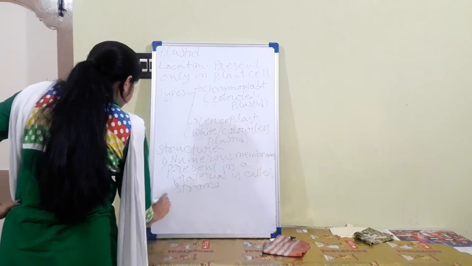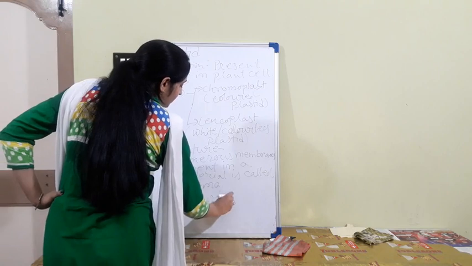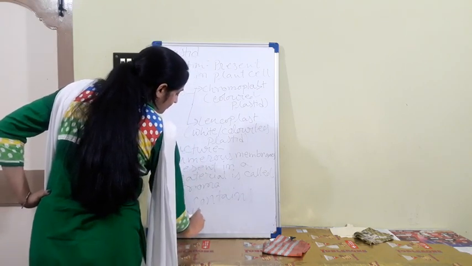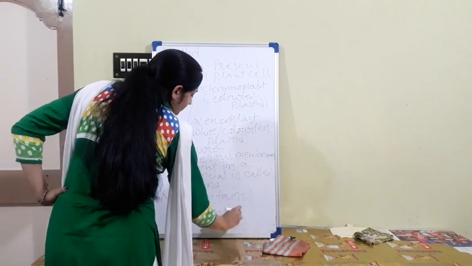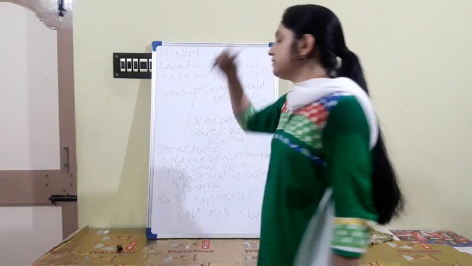Number two, just like mitochondria, it also contains DNA and ribosome. So that is the plastid.